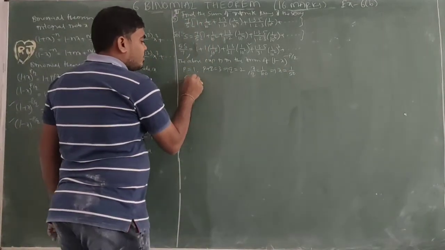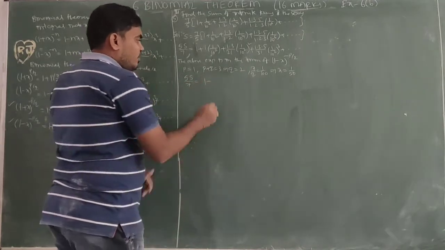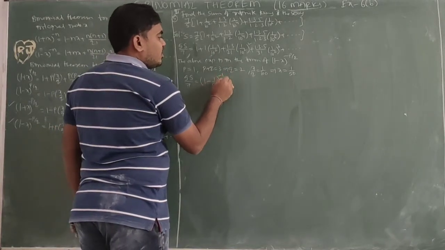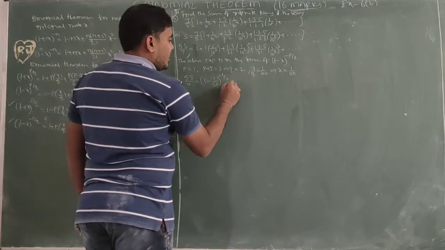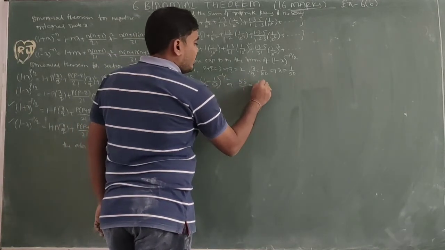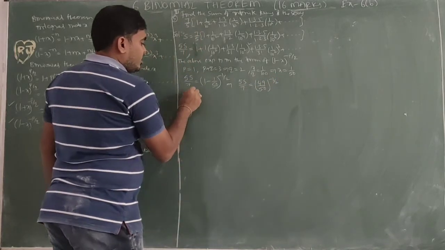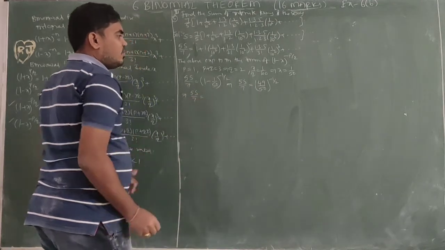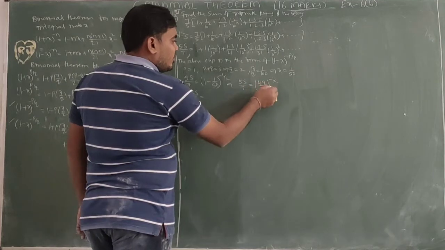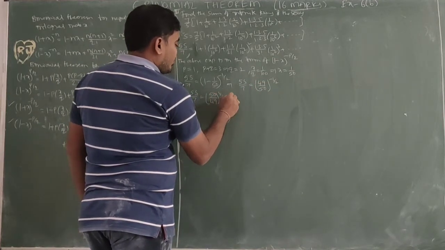Now 5s by 7 equals 1 minus x, that is 1 by 50, whole power minus 1 by 2. So 5s by 7 equals 49 by 50 whole power minus 1 by 2, which is the reciprocal, 50 by 49 whole power 1 by 2.